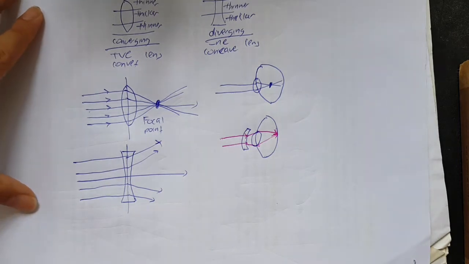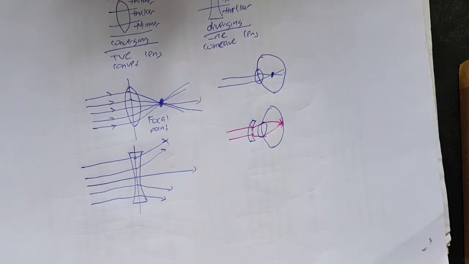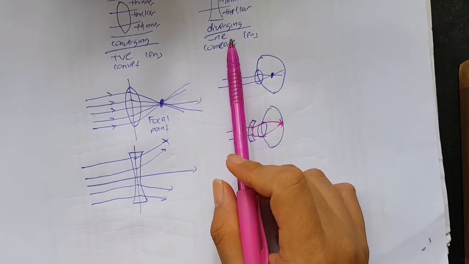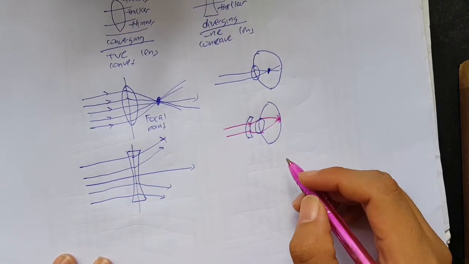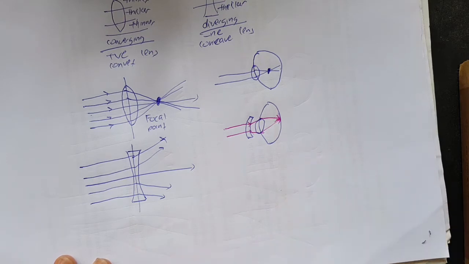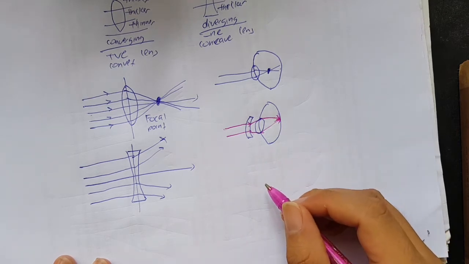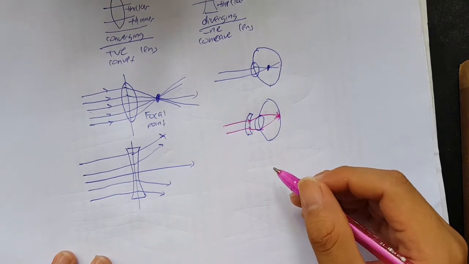In your textbook you will see many examples, like 8 to 12 examples of converging and diverging lens. But what is more important is you need to know the meaning of virtual image and real image. This is how the positive and negative lens come about. I will draw here a virtual image. For a virtual image, normally we will draw it using a diverging lens.